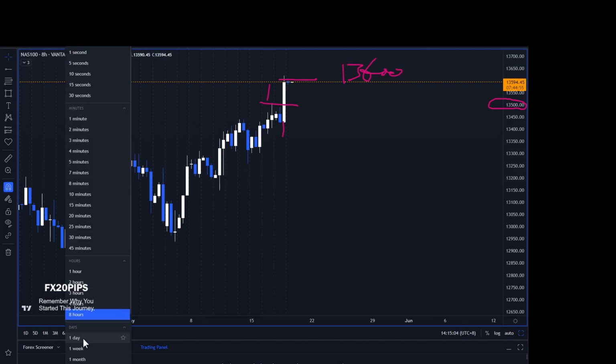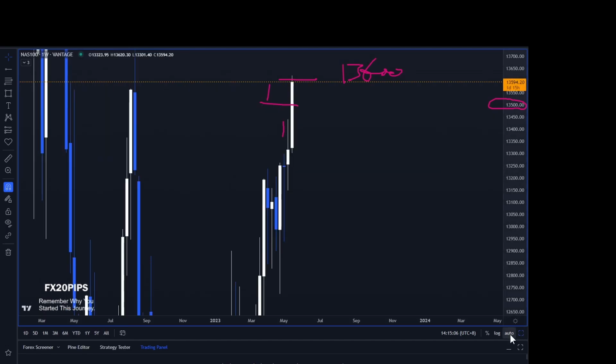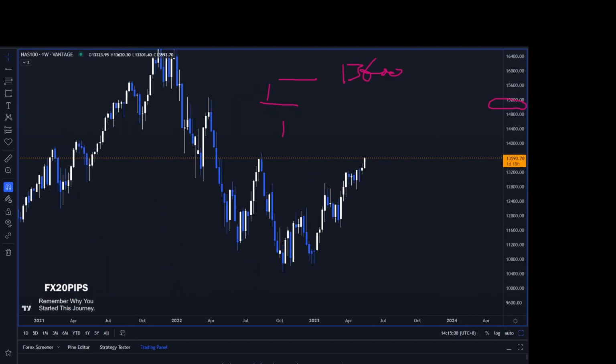Let's look at the higher time frame. Very straightforward. We have a resistance at 13,725, and I believe sellers were coming from here, bringing it down again before it tries to go for another higher level.